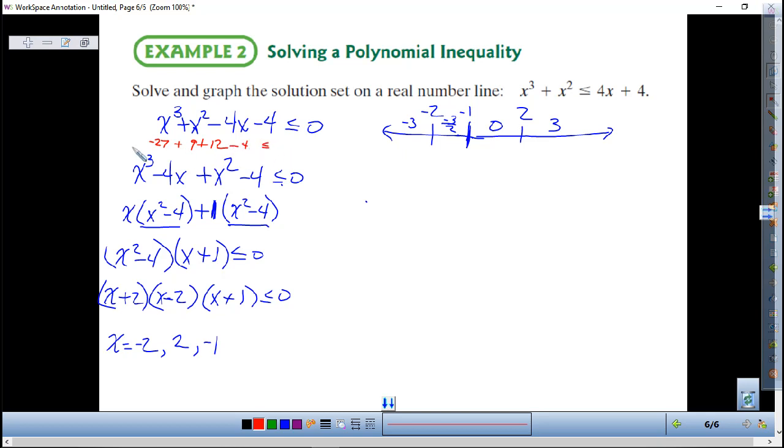Negative 27 plus 9 is going to be negative 18. Negative 18 plus 12 is negative 6, and negative 6 minus 4 is going to be negative 10. So that is less than or equal to 0. So that's part of my solution set. Negative infinity all the way up to negative 2 is part of my solution set.